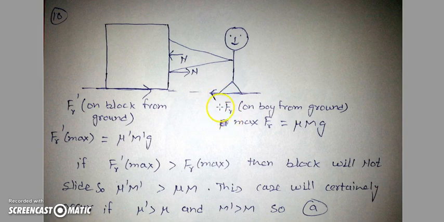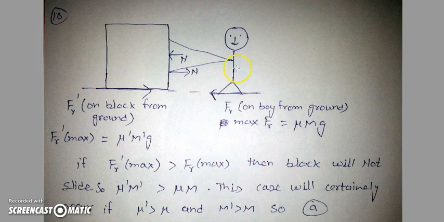In which case, when the maximum friction of one object is greater than the maximum friction of another object, the object having the smaller value of maximum friction will slide. So if fr dash, the maximum friction on the block, is greater than the maximum friction on the boy, then obviously the block will not slide.